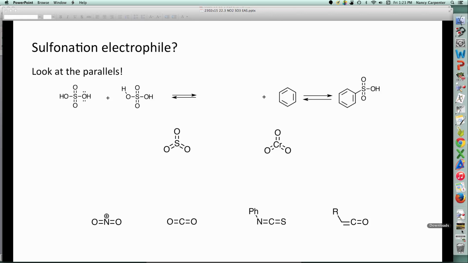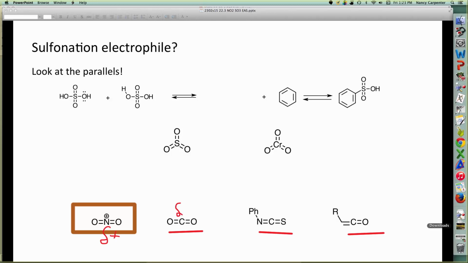And we just saw the formation of this electrophile, which actually looks a lot like this one and this one and this one, where every last one of these is electrophilic at that center carbon because we've got electron withdrawing groups pulling electron density away from that center carbon.